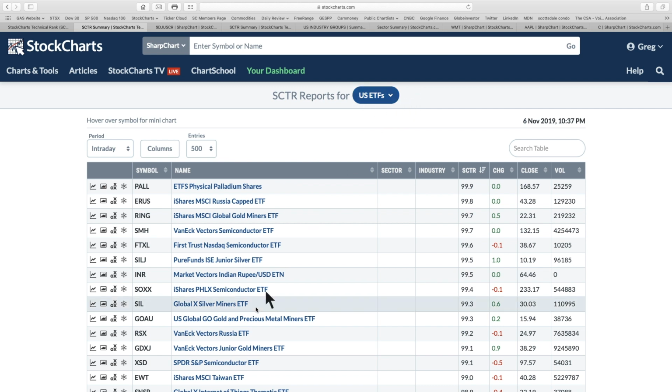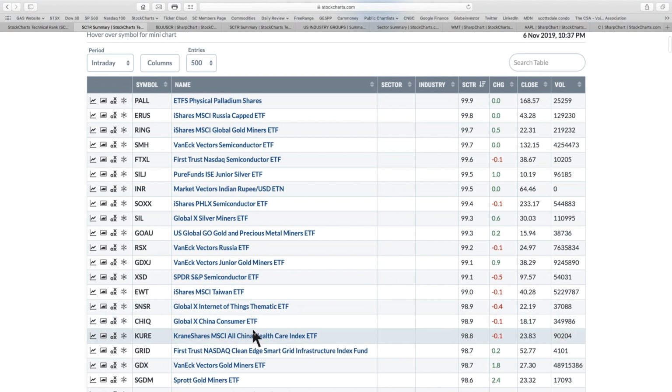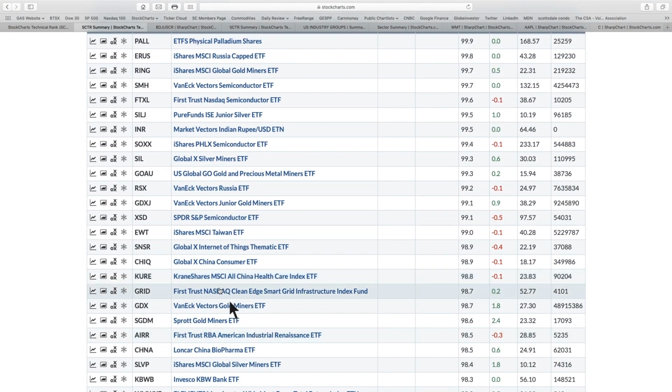So I'm sure up here near the top somewhere we're going to find some bank ETFs and that kind of thing. KRE, here's Invesco KBW Bank ETF. You'll also find gold's been an outperformer this year. But you'll see right away these names come to the top.